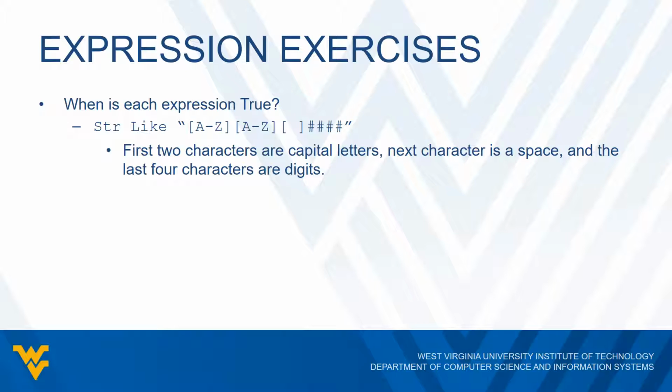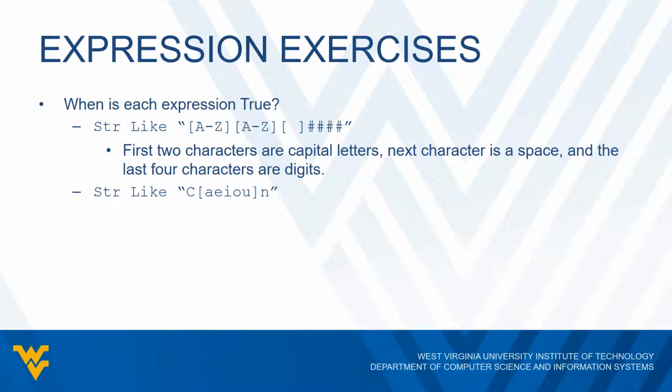Let's try another example. Let's say we have our string to be like capital C, and then A-E-I-O-U in square braces, and then N. So when would this be true? So what we see here is that the first character in our pattern is capital C. So that means we must start with a capital C. And then we have in square brackets A-E-I-O-U.